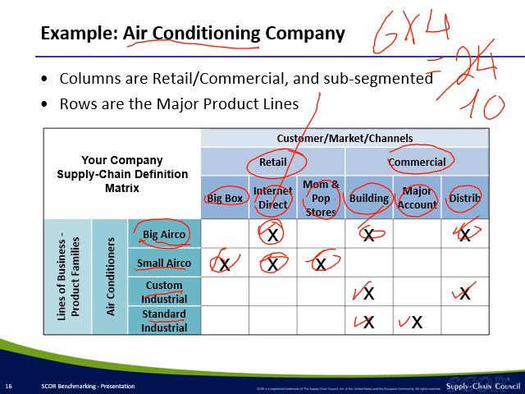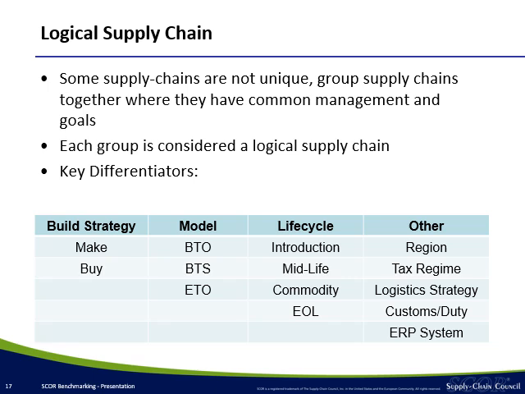So what we do is we're going to combine the similar products. And because we want to form them into similar products, we're going to look at the build strategies. Any products that are sold in like make to stock and others that are sold by buying, we can group them.